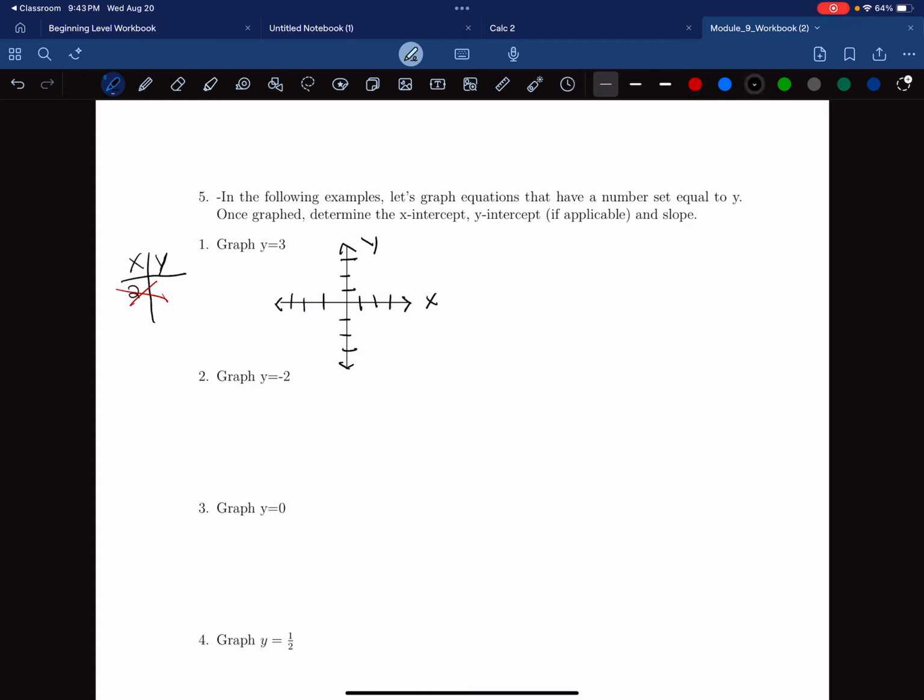Because if you think about it, we can try and plug in an infinite amount of x values, but we will never be able to find any information because there's no x. So what that's telling us is that this line will never, ever touch the x-axis, right?